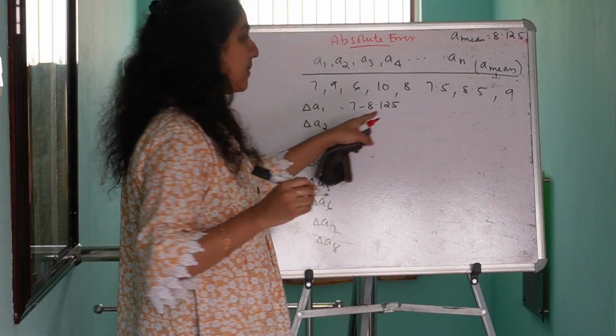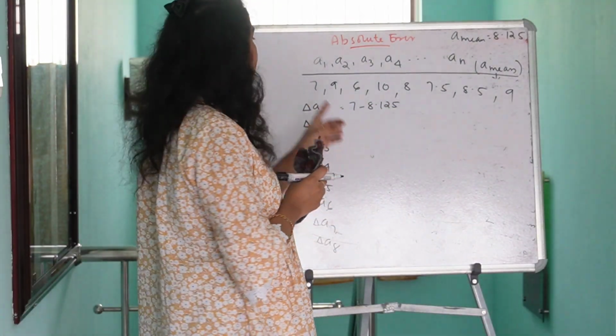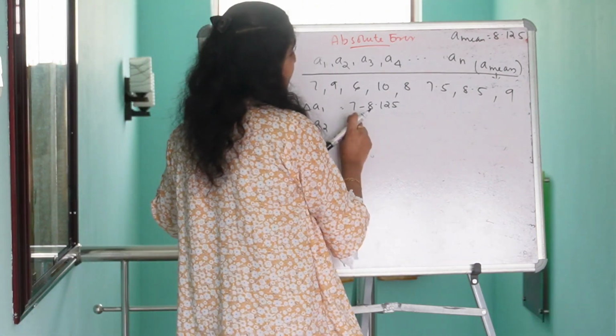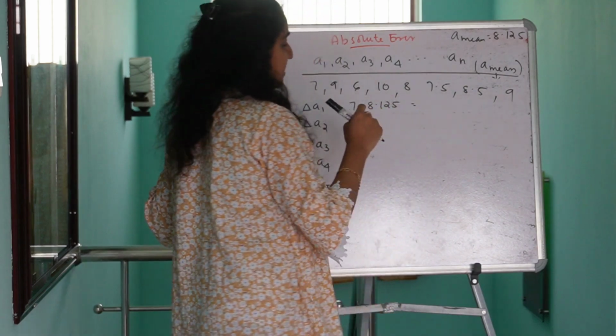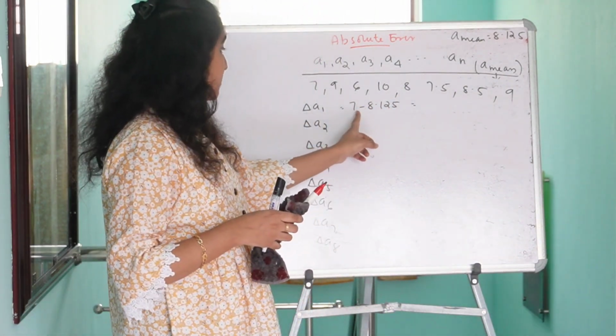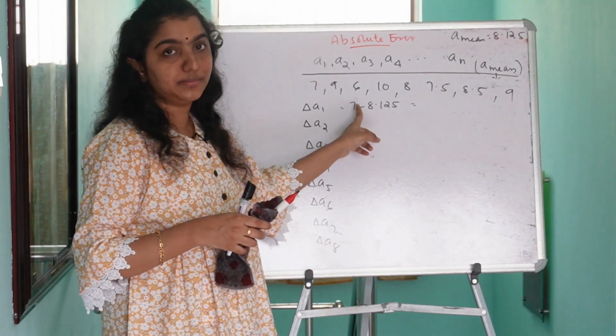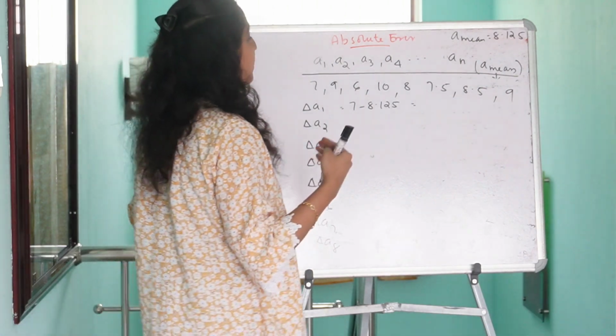What is the error in the individual measurement 7? It is 7 minus 8.125. Obviously here we will get a negative error, isn't it? Why? Because the measured value 7 is less than the actual value 8.125.